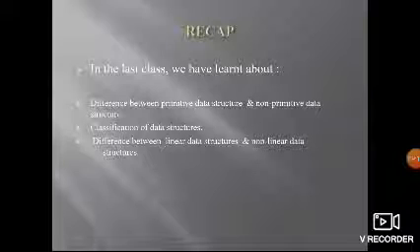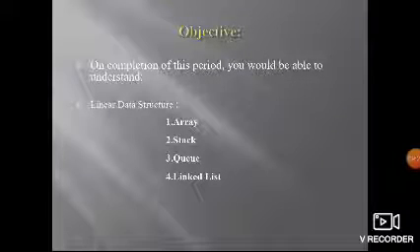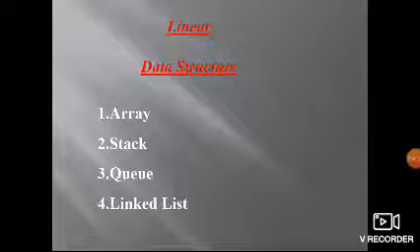So that is the difference between linear and non-linear data structures. Last class we discussed that, and today's topic is linear data structures. The examples I take are arrays, queues, stacks and linked lists, and we will go into deep descriptions of them. What is a linear data structure?